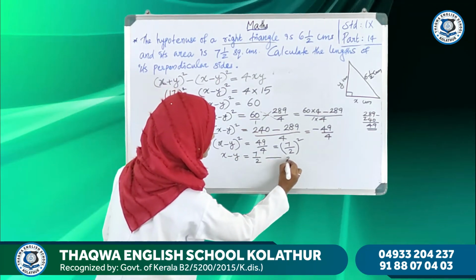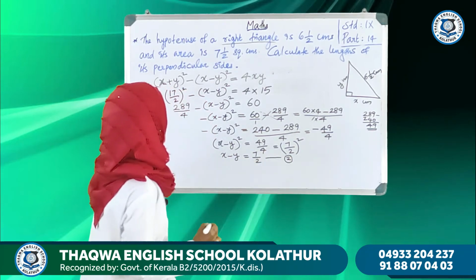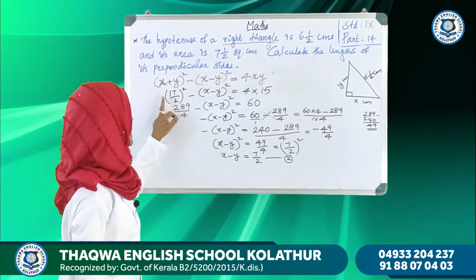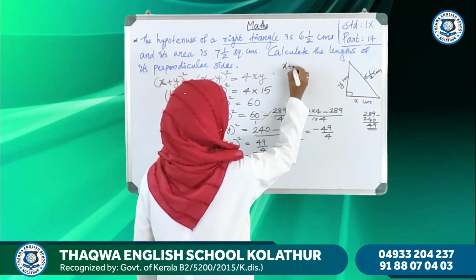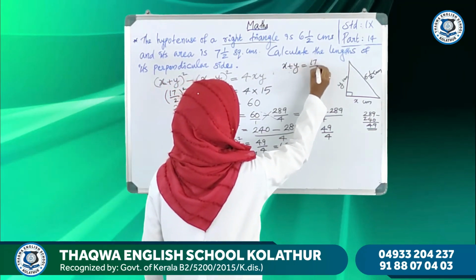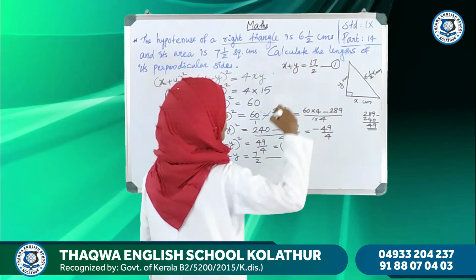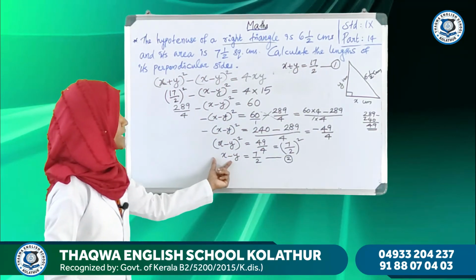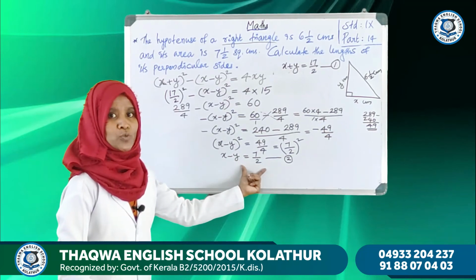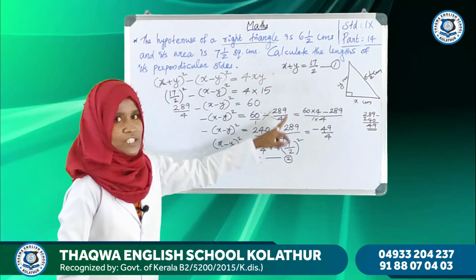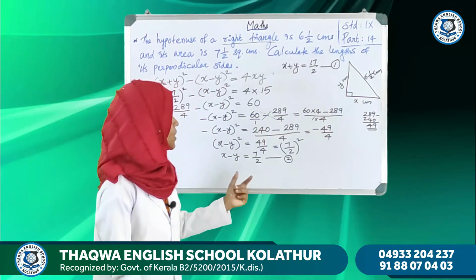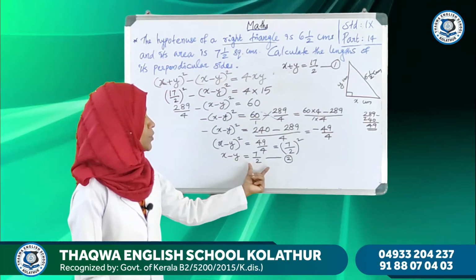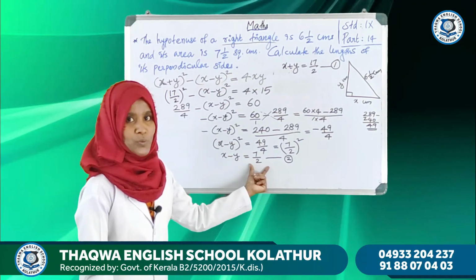Equation number 2. In the first line we got x plus y is 17 by 2. It is equation number 1. Now x minus y is 7 by 2. Okay, we have two equations. First equation is x plus y equals 17 by 2. Second equation x minus y equals 7 by 2.